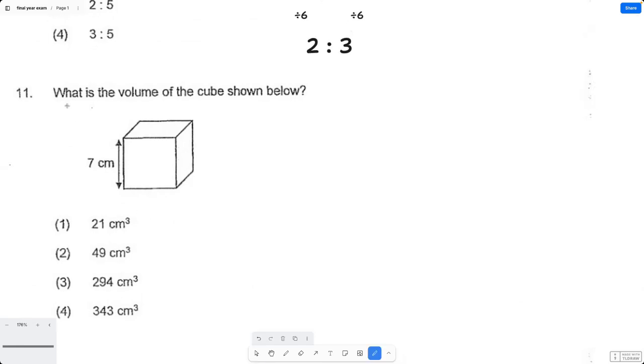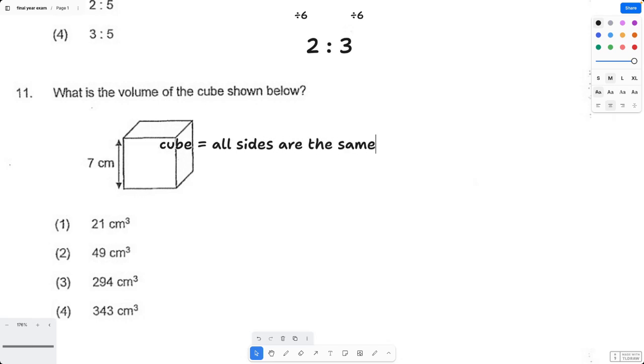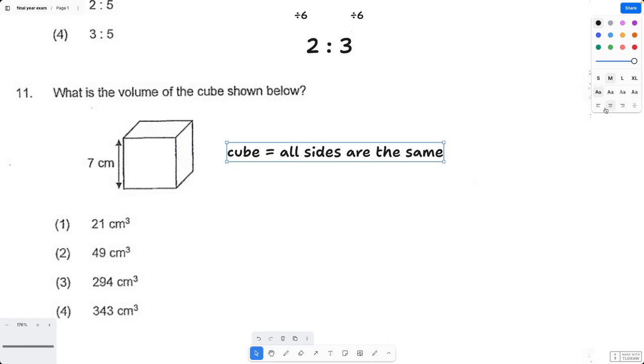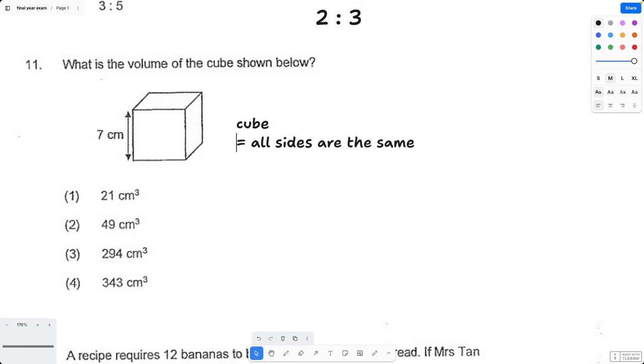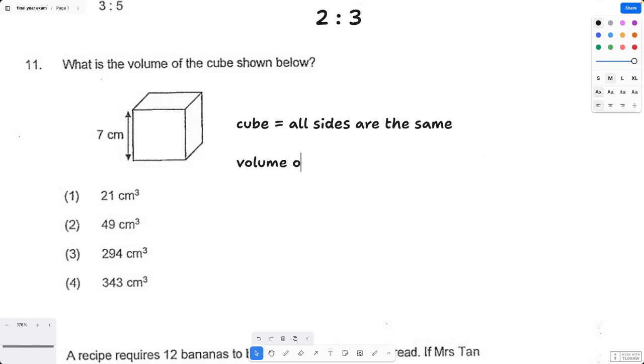What is the volume of the cube shown below? So cube, what's the property of a cube? Cube means all sides are the same. All lengths are the same, all sides are the same. So the volume of a cube is equal to length times length times length.